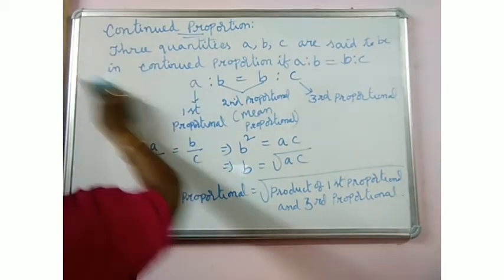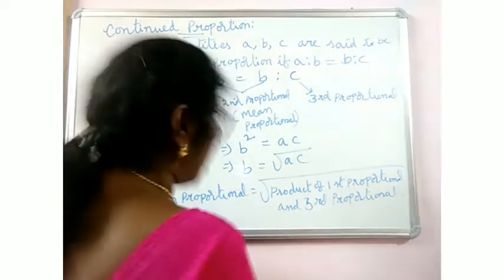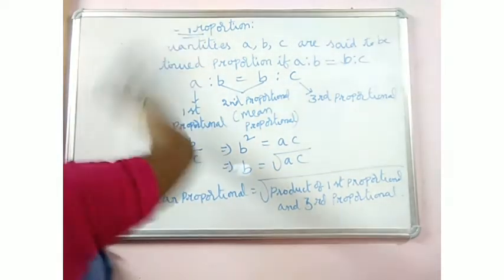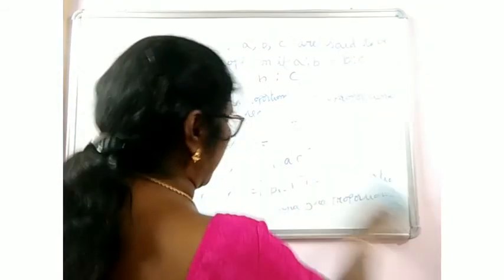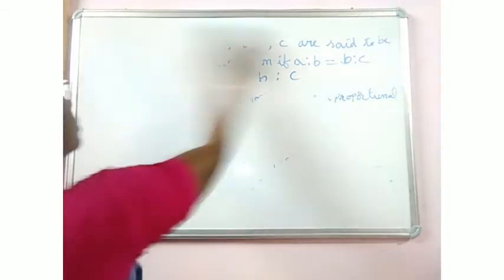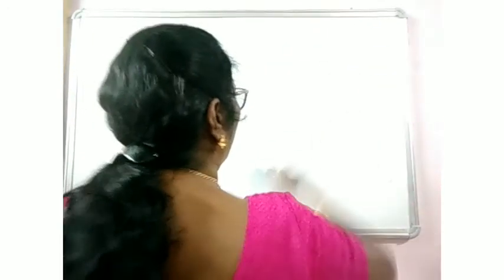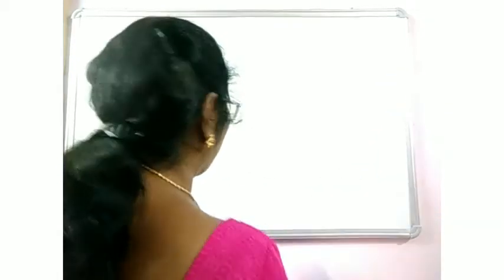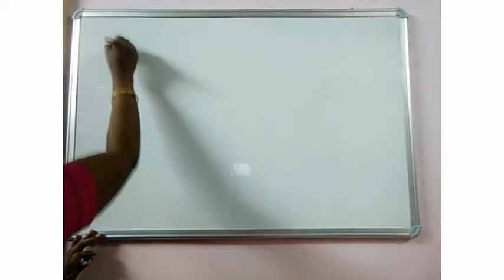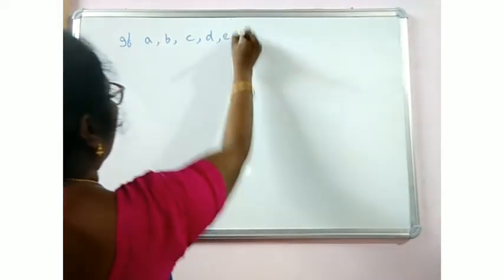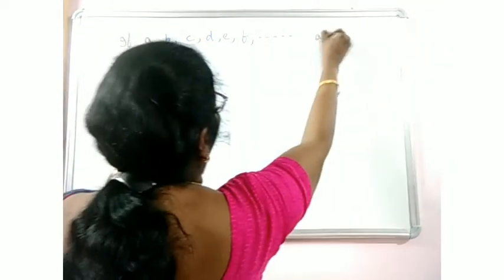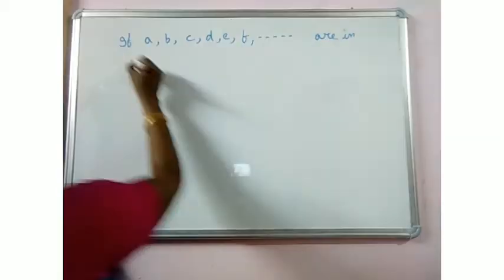Suppose there are more quantities. If A, B, C, D, E, F are in continued proportion, what is the meaning of that?